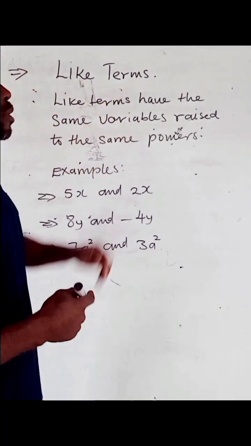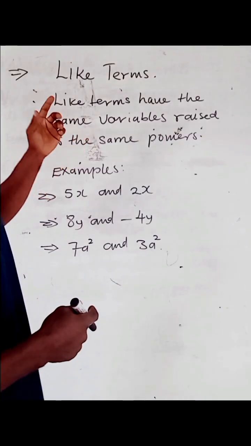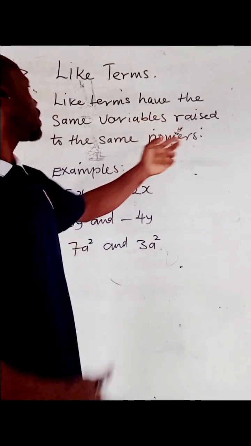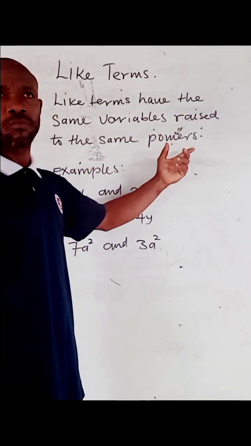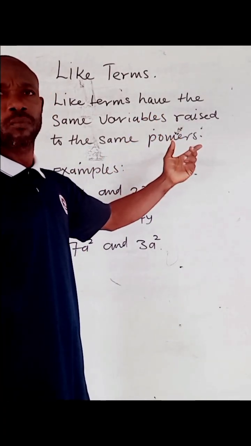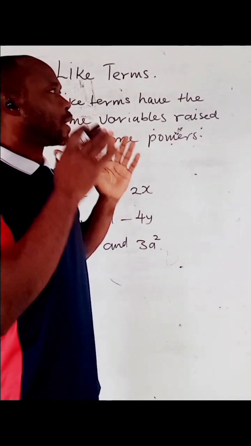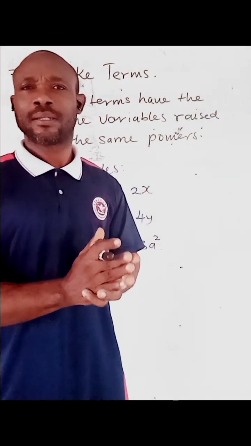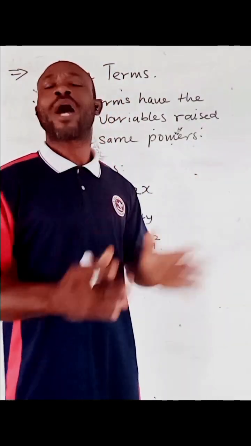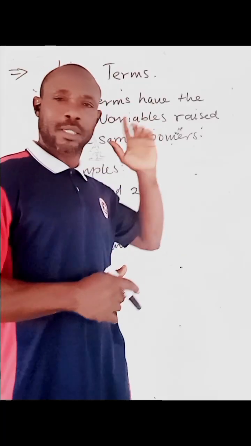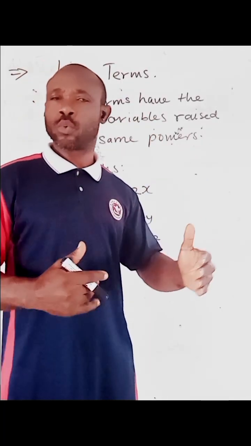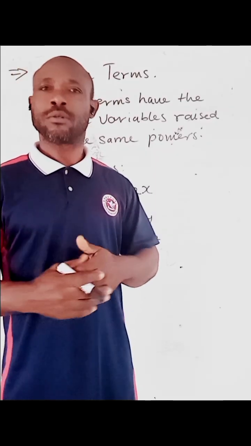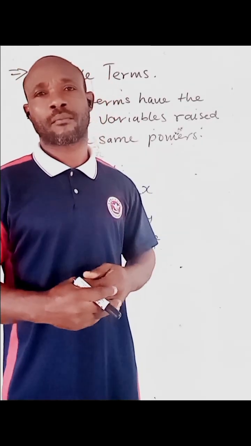Now, like terms have the same variables raised to the same powers. So in an expression, the terms that are alike should have the same variables, like we saw in the starter activity, where question 2 contained variable x and question 3 contained variable a.